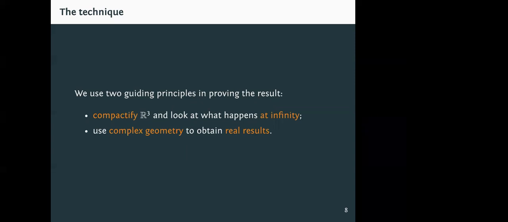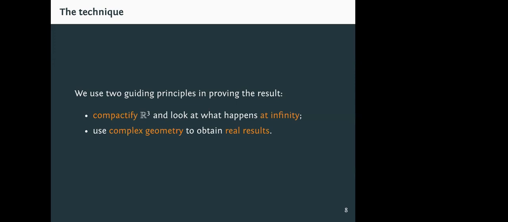And the second aspect that I would like to stress is that we use complex geometry, complex algebraic geometry, I would say, but the results that we obtain are purely real results, concerning real numbers. So even though we pass through complex geometry, we get results that hold really for real numbers.